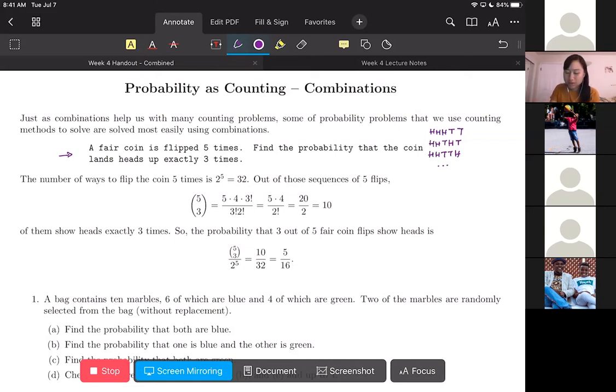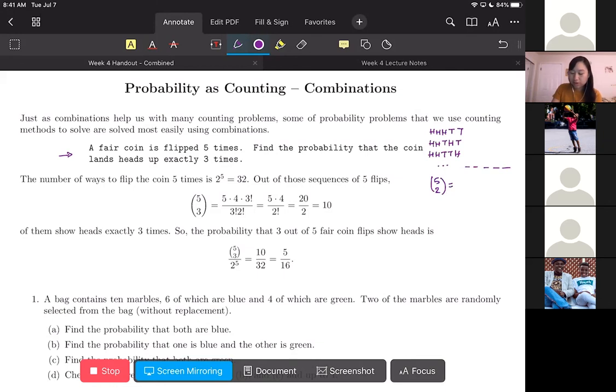For the numerator here, the way that we could count this is basically saying, how many ways can we order 3 heads and 2 tails. This was something we learned about before, right? Does anyone remember how to do this? Yeah, it would be 5 choose 2. Which is basically saying, okay, we have 5 flips and we need to choose 2 of them to be tails.